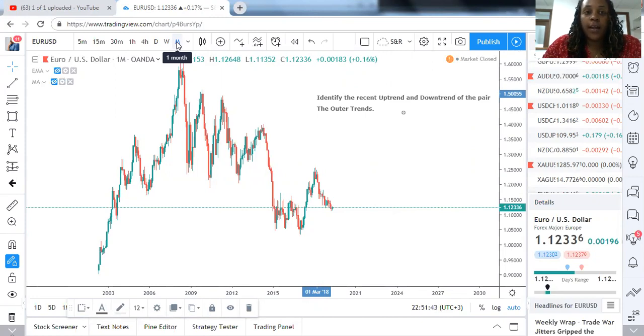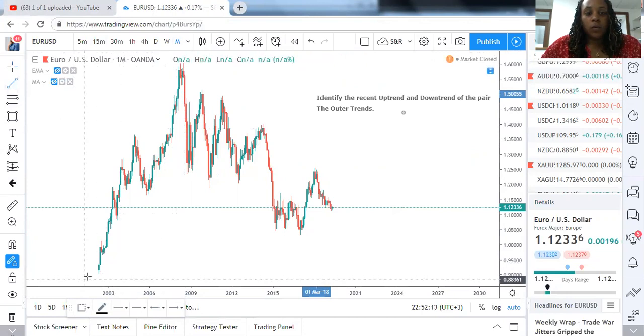If you are a swing trader, you'll be looking at between the 4-hour time frame and the daily time frame as well. If you're an intraday trader, which means that you're trading within 24 hours, you're basically focusing on the 30-minute and the 1-hour time frame. And if you're a scalper, you're going to put your main focus on the 15 and 5-minute time frame, right? So I hope you guys wrote that down.